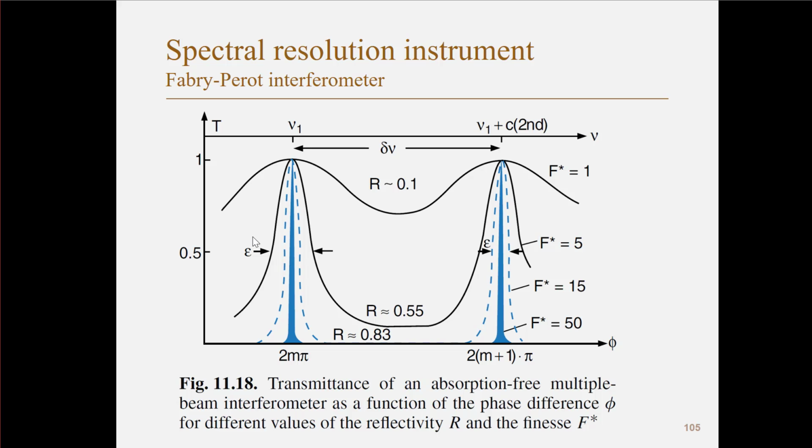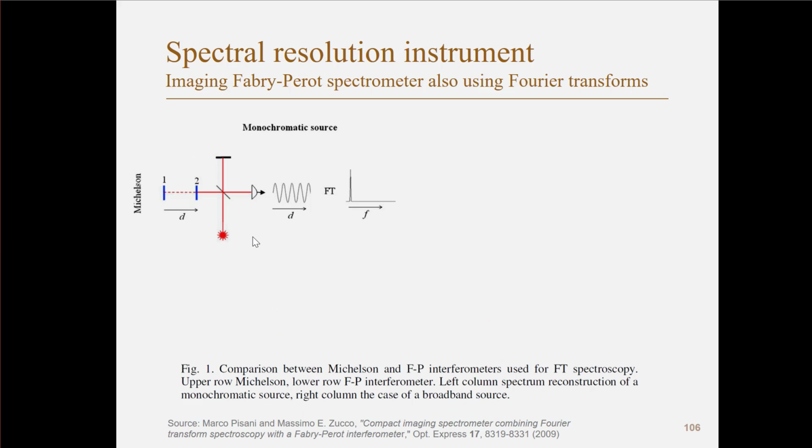Okay, so if we now compare, if we have a single frequency impinging on a Michelson interferometer, so on a Fourier transform spectrometer, and if we change the position of this mirror over here, we get a sinusoidally changing pattern like this. And when we take the Fourier transform, we get a single peak.